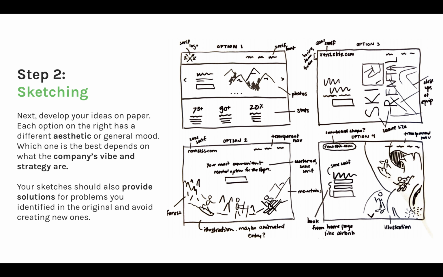Then option 3 is almost like an artsy vibe, kind of hip. Ideally there'd be some close-ups of the equipment, maybe to show the quality of the equipment for the price, and kind of gives it an edgy vibe that might be different from what other companies are going for.